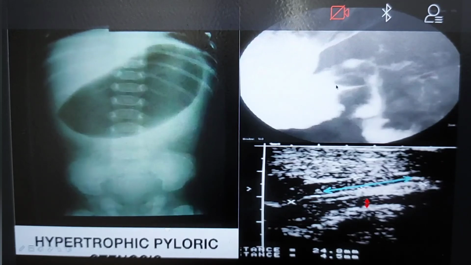On the chest X-ray, we can see a distended stomach. And then on another X-ray we can see the caterpillar sign, where there is a dilated distended stomach and gas in the small intestine, which looks like a caterpillar. Okay, so this can be seen from ultrasound and contrast too.